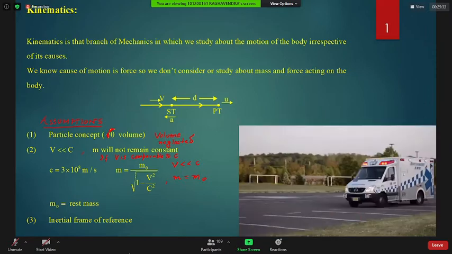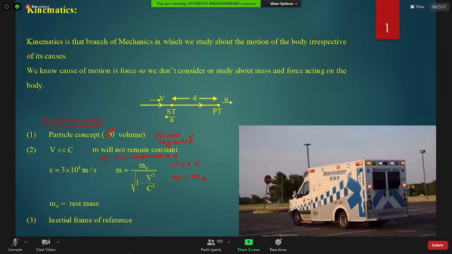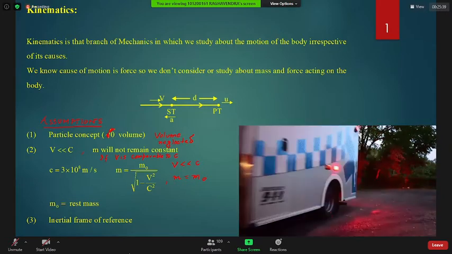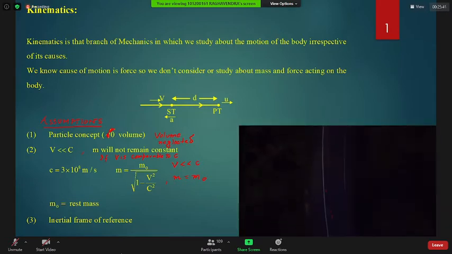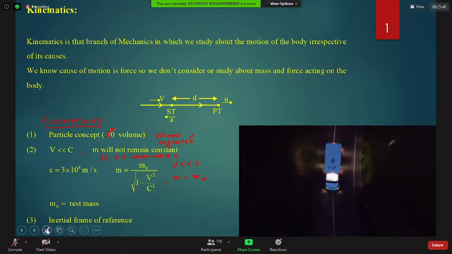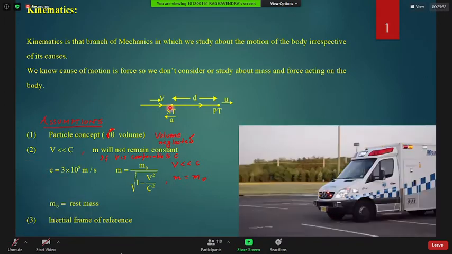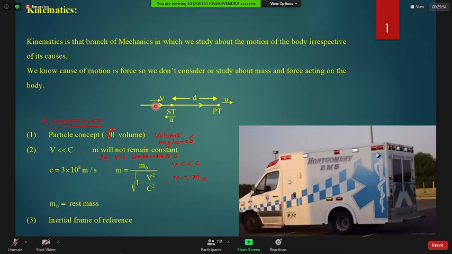First, what is kinematics? For that, I'm taking one example from an IIT asked problem. I'm taking a pointer. Suppose it is winter season.